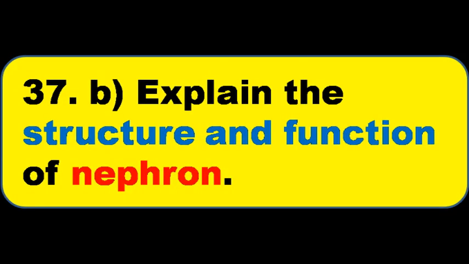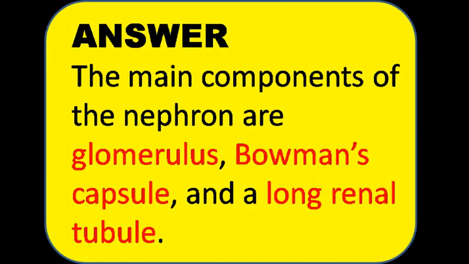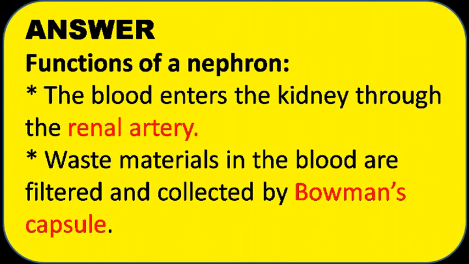Explain the structure and function of nephron. The main components of nephron are glomerulus, Bowman's capsule, and a long renal tubule. Functions of a nephron. The blood enters the kidney through the renal artery.